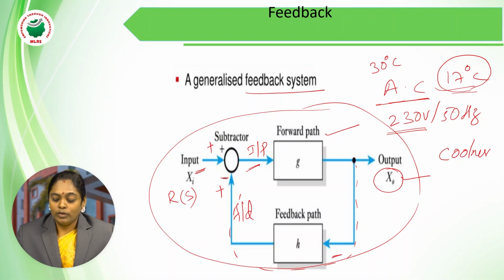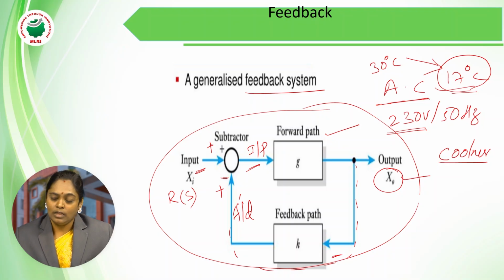And as I told you, the input for an AC is voltage, but the output is cool. That is the reason I need to use a transducer in order to convert one form of energy into another form of energy. And as I am controlling, meaning I want to change the temperature from 30 to 17 degrees, I need a controller, which controls the output in terms of its input parameters.